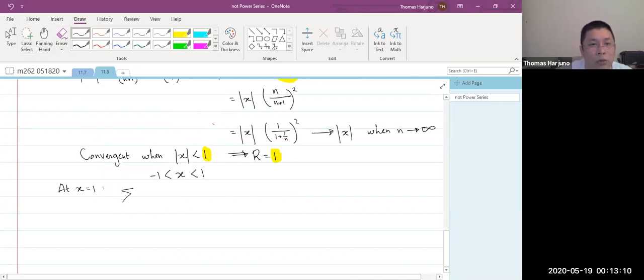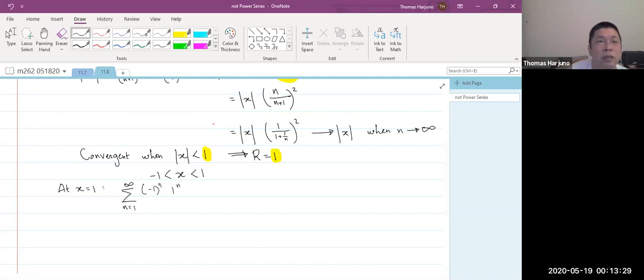When x equals 1, the sum from n equals 1 to infinity of (-1)^n times 1^n over n squared.